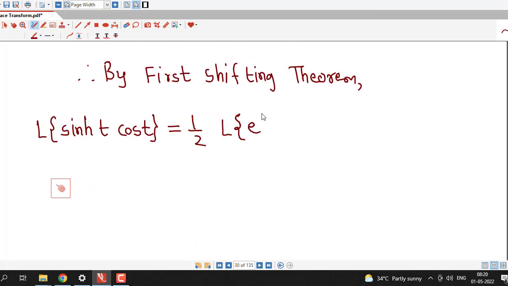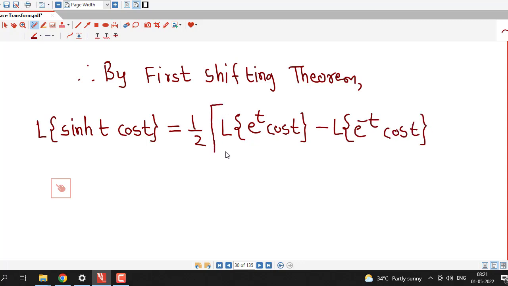Laplace transform of e raised to t cos t minus Laplace transform of e raised to minus t times cos t. This 1 by 2 is multiplication of this whole bracket.